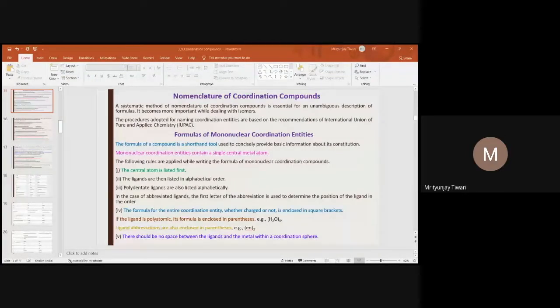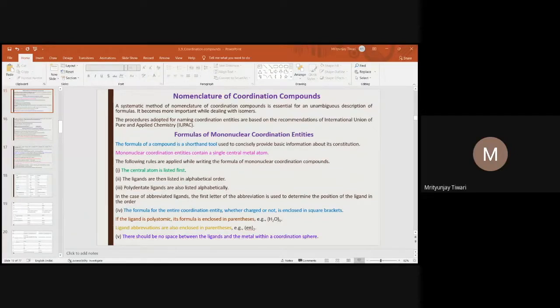If two metal centers are there in the same coordination compound, as you can see here, this is a binuclear coordination complex. In a binuclear complex, we need at least a bridging ligand so that it gets bridged.